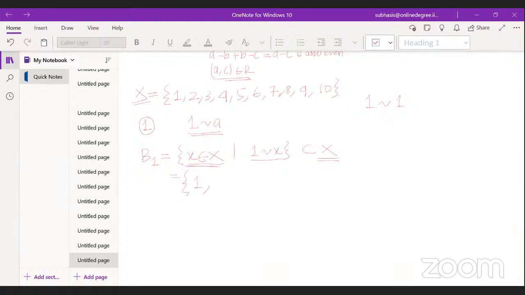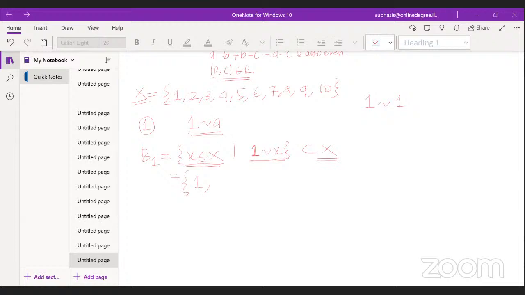Okay, sir, we are taking all the elements of X which are related to 1, not to themselves. Yes, that's why I mentioned all the elements which are related to 1. So now you tell me, is 2 a member of B1 or not? No.